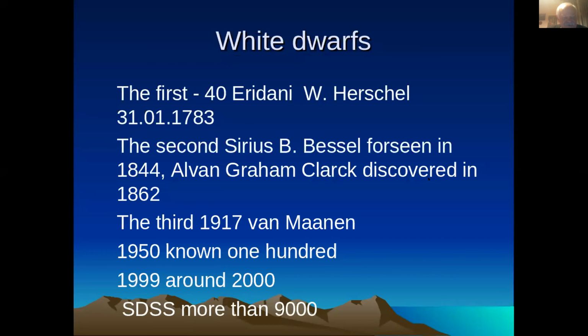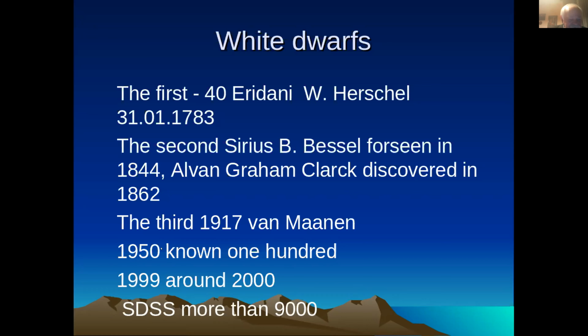The first, 40 Eridani B, was discovered by William Herschel in 1783, and the second was predicted by Bessel and discovered in 1862 by Alvan Graham Clark. The third, this is van Maanen's star, discovered in 1917.